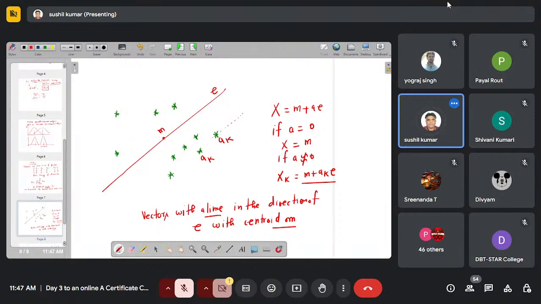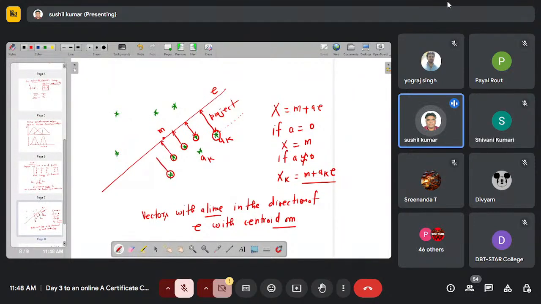Why am I saying some error? Suppose this vector is available here at this point, and I want to represent it on this line, or rather I want to project it. So I want to project on a single line. I'm here and I want to project at this point.